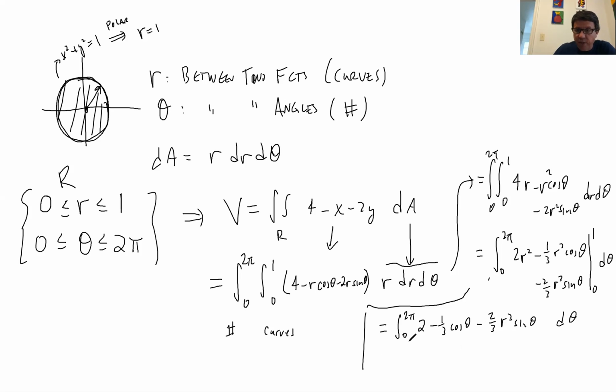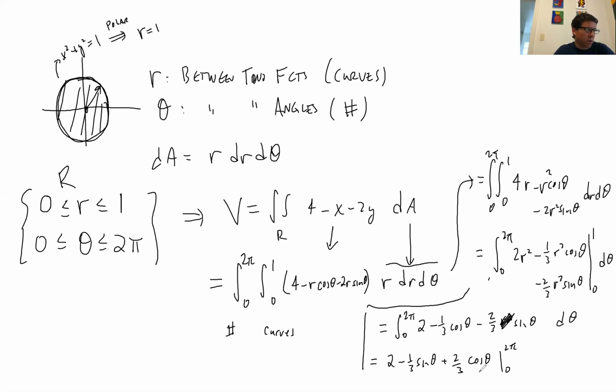Now if I integrate with respect to theta, I'll get 2 theta minus 1/3 sine plus 2/3 cosine, and then I plug in 0 to 2 pi.